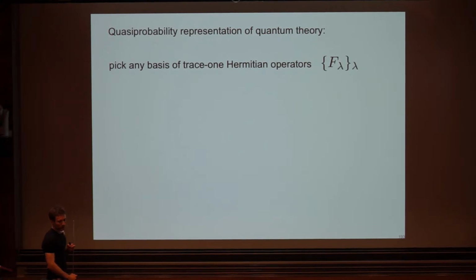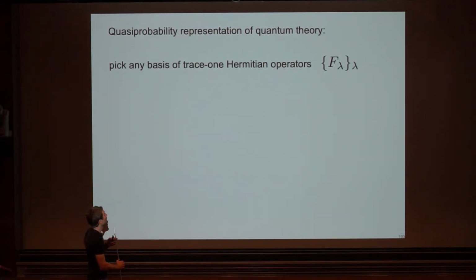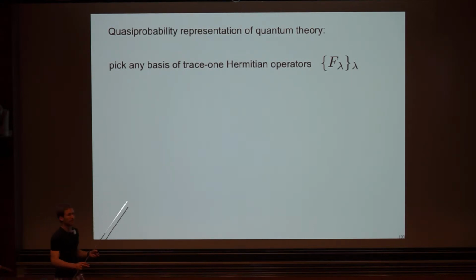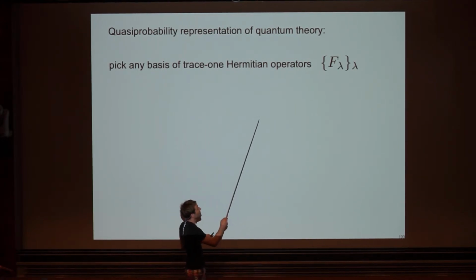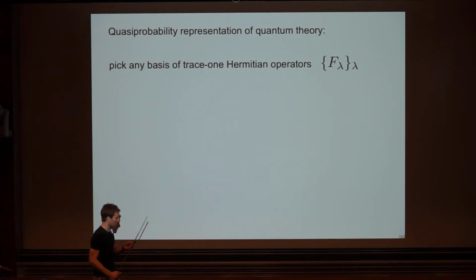So maybe it's useful to see what this looks like in quantum theory. This is just a special case of that fact that we just proved. So you can always construct your quasi-probability representation following this methodology. First, you pick a basis of trace 1 Hermitian operators, so a basis for the vector space of Hermitian operators on your Hilbert space.